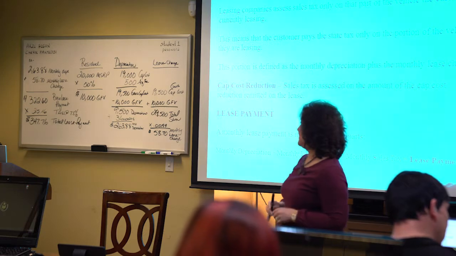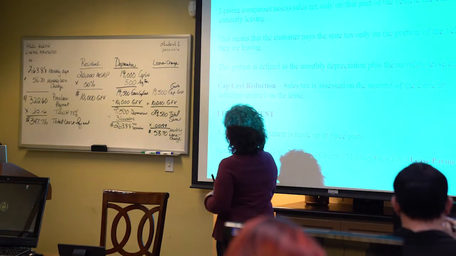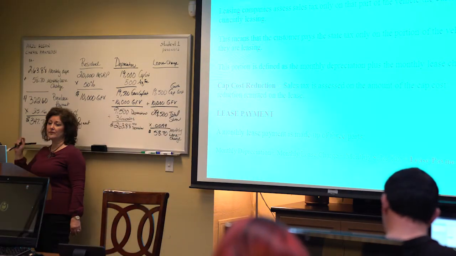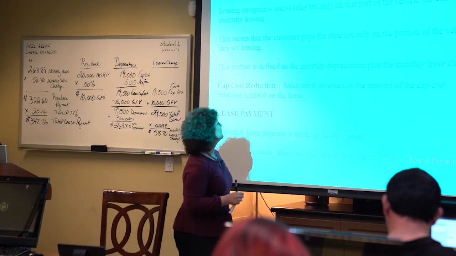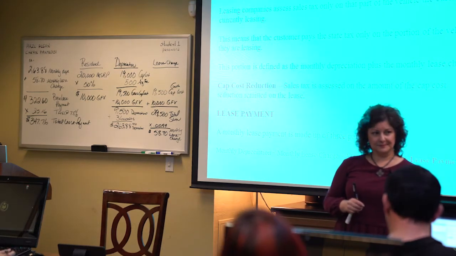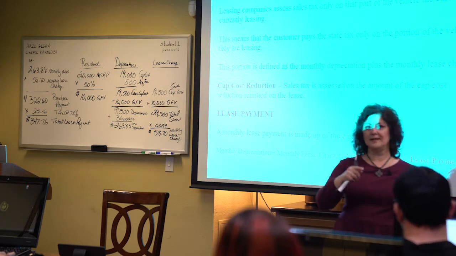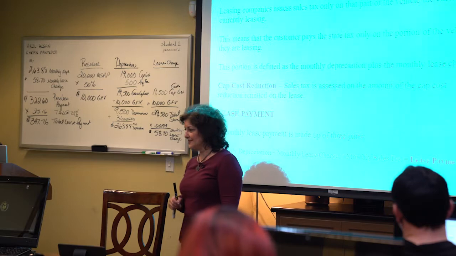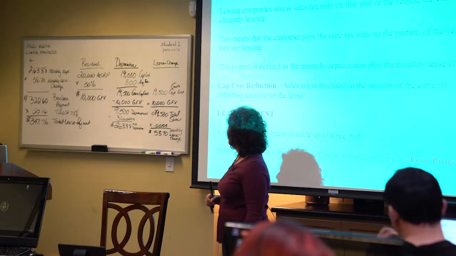So I took the base payment of $322.60 times 7.8%, which gave me $25.16, for a total lease payment of $347.76. So the base payment times the 7.8%, and then I add that to my base lease payment. Question? I answered it in my head. Okay, perfect. Good.